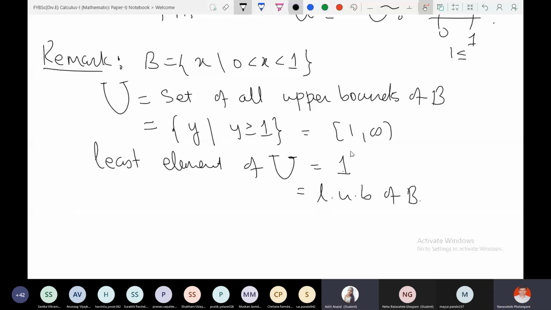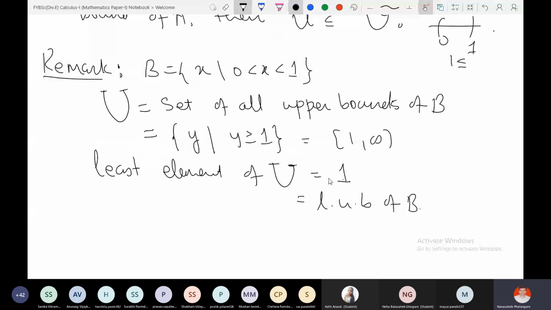Because it is a least element and it is a member of the set. Now, is your doubt clear? Yes. So you should observe such kind of things. We are looking at the set of all upper bounds, and the least element definitely exists, so it is unique. You will prove it is unique.